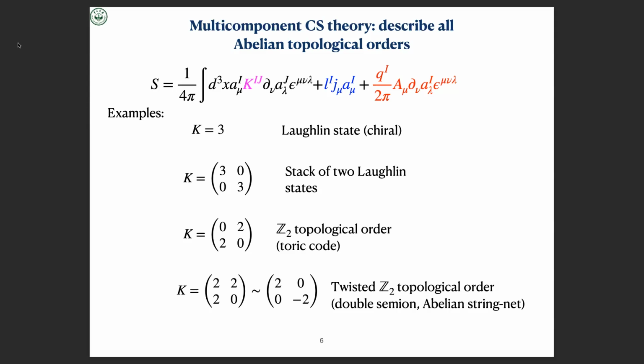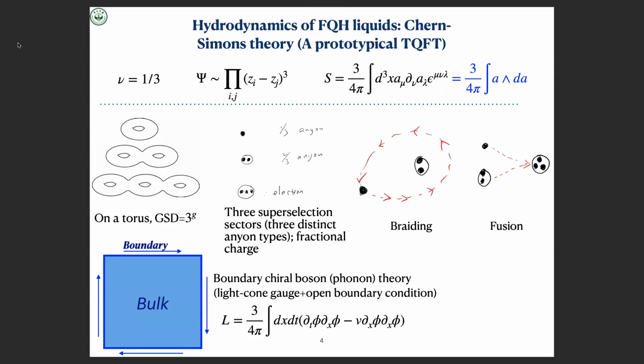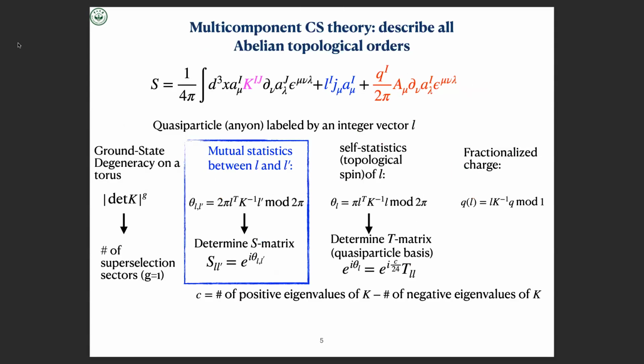Your previous page mentioned that the central charge C equals the number of positive eigenvalues minus negative. That means C must be an integer. Yeah, you're right, C is an integer. So here it is abelian topological order. For non-abelian topological order, you can have a chance to have fractional chiral central charge.